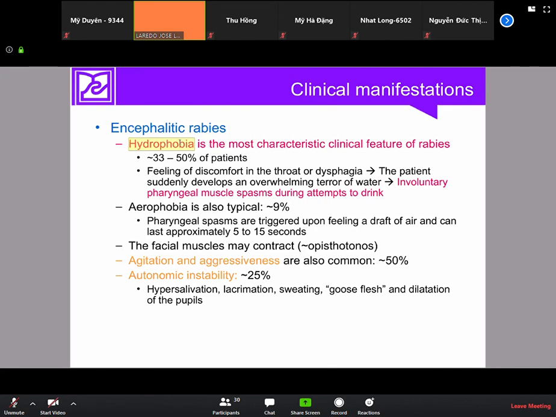I will show you the video now, and I show this video every year, and after I show this video to the students, they never forget. They will always remember, because this video is of a Vietnamese patient. This video was recorded 12 years ago in the Hospital for Tropical Diseases in Hanoi, a Vietnamese patient with rabies.